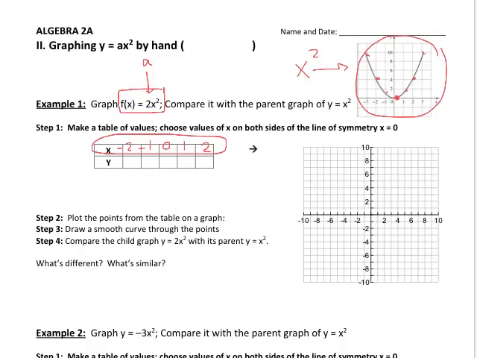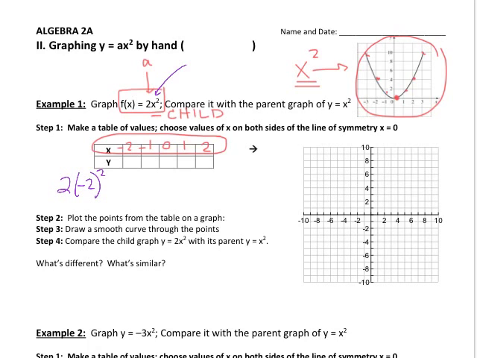So if we're plugging each x value into our child function, remember this is a child function because it's not exactly the same as our parent function x squared. It's slightly different because there's a coefficient of 2 in front. So looking at the x values, we're going to replace x in our function with each of our x values. So if I plug in a negative 2, I first have to square it.